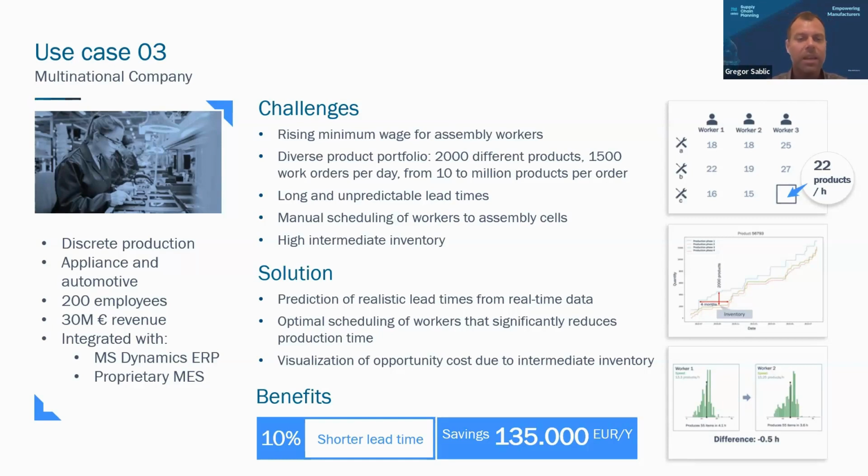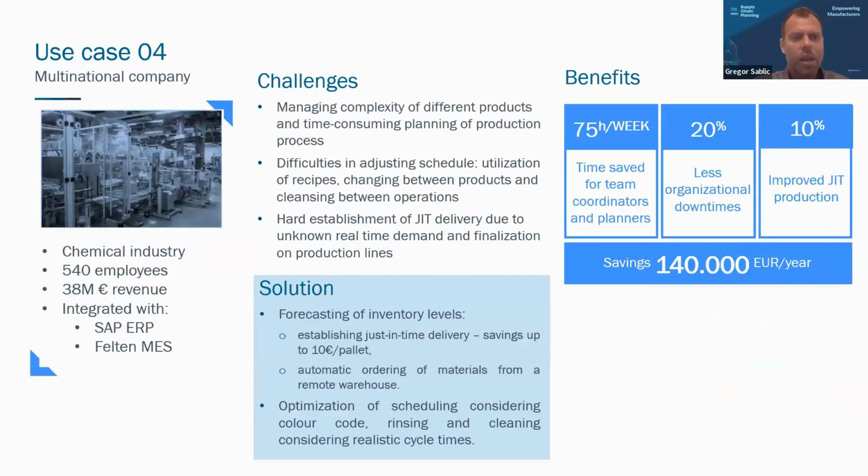They mainly had challenges with predicting lead times to the customer, and with implementation they benefited from 10% shorter lead time, which directly influenced customer satisfaction in the beginning, but in the end also OEE and savings.